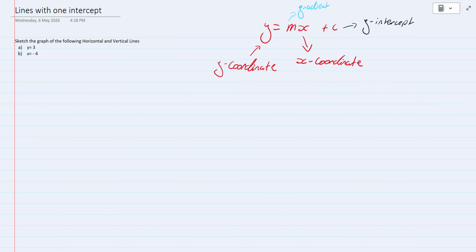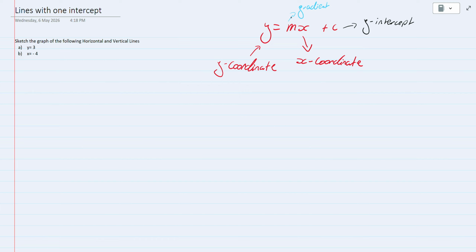And that's important to know. It's important that we have a thorough understanding of the role that these play. So obviously the gradient determines where our next x-coordinate will be. So if it's plus 2, it's always going to be 2 times the x-coordinate, then adding on the y-intercept value to get our y-coordinate.